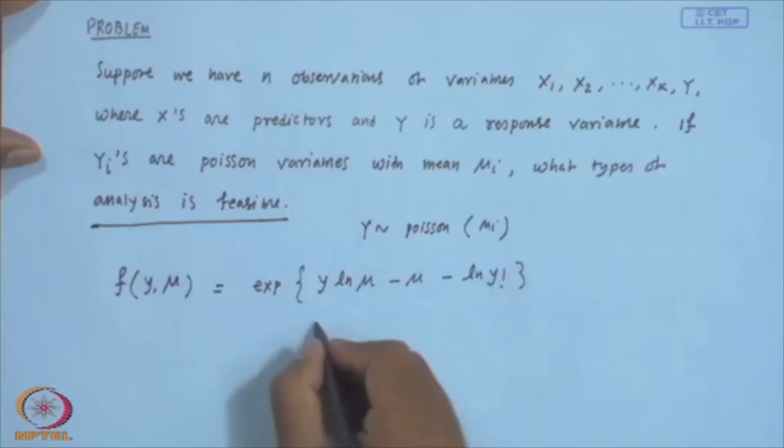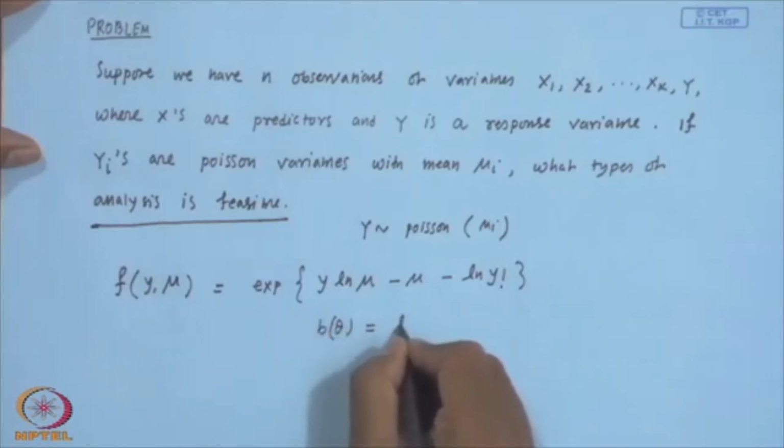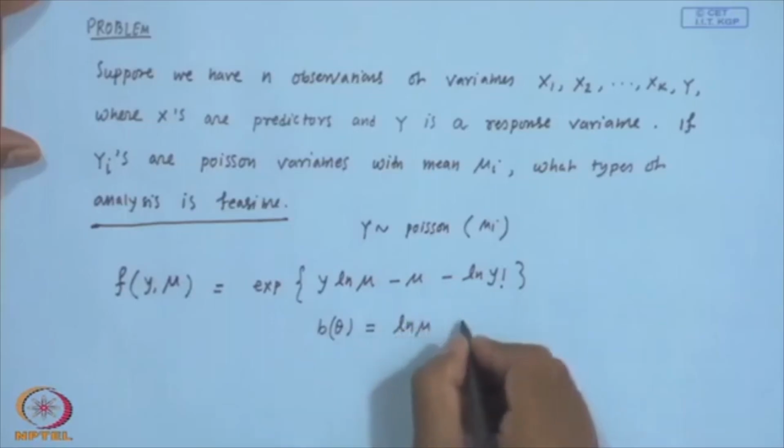We can check this. And here b(theta), or b(mu) I should write maybe, is ln mu, which is the natural parameter.